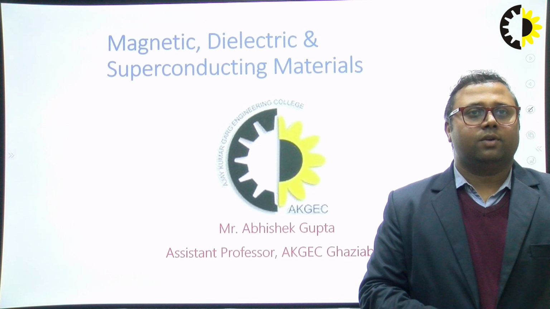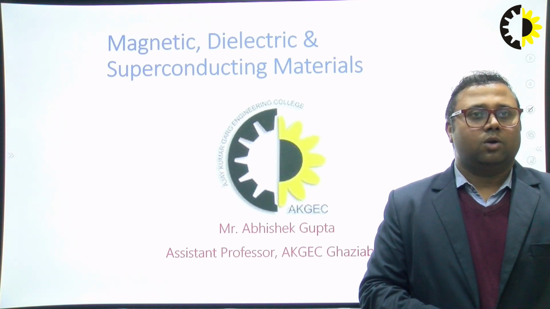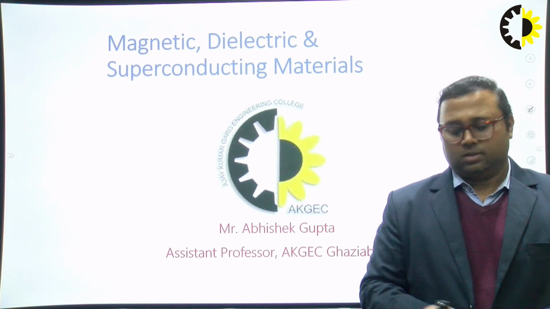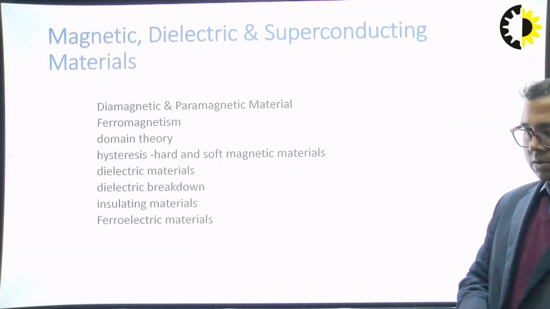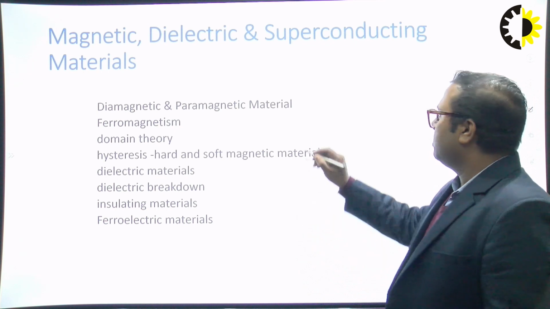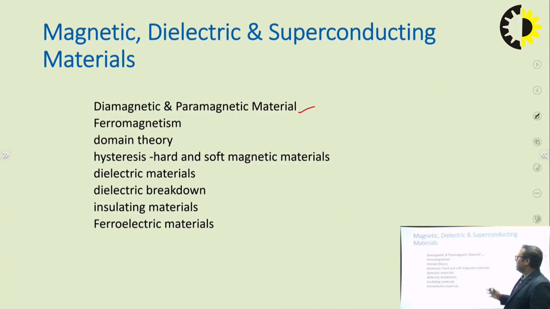Today I will cover one of the complex topics of material science, which is based on magnetic, dielectric and superconducting materials. These are the topics we will study: what are diamagnetic and paramagnetic materials, what is ferromagnetism, what is the domain theory, what is the hysteresis curve, and what hard and soft magnetic materials are.